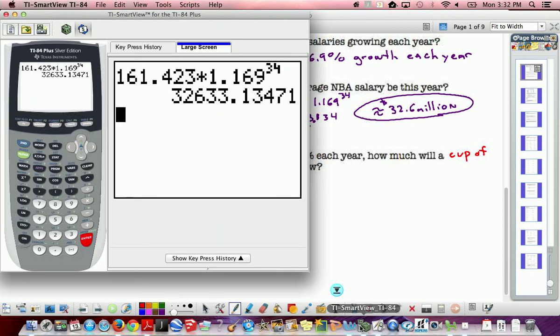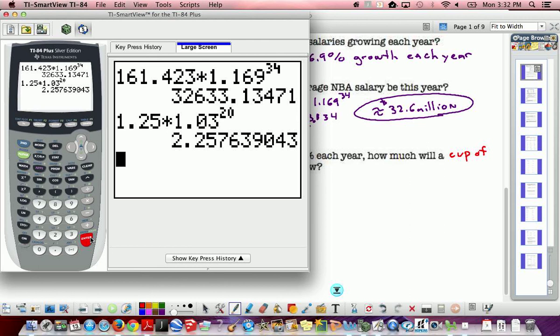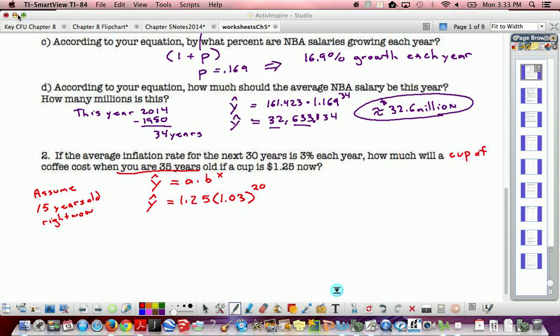So I'm going to plug this into my calculator. $1.25 times 1.03, and that's getting raised to the 20th power. So we're going to add 3% each and every year for the next 20 years. So now my $1.25 cup of coffee is estimated to cost $2.26 when I'm 35 years of age.